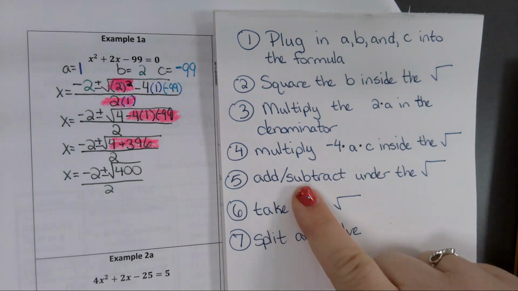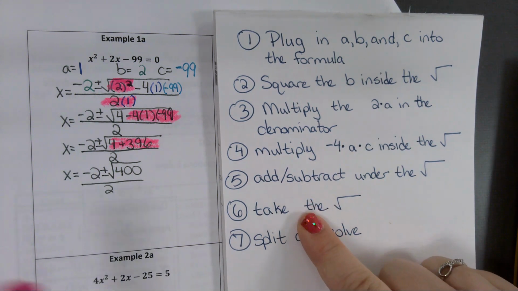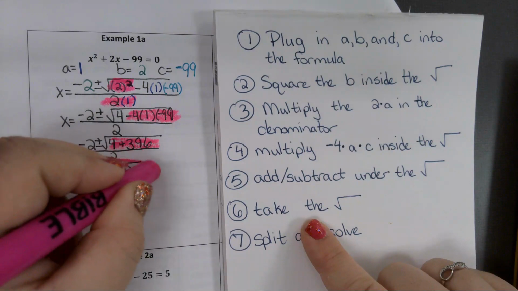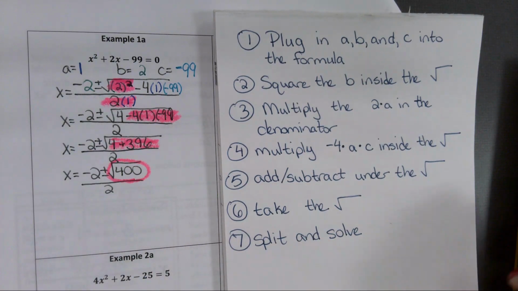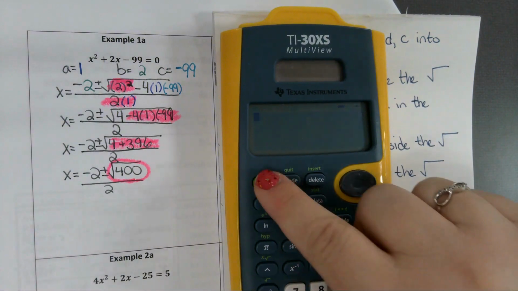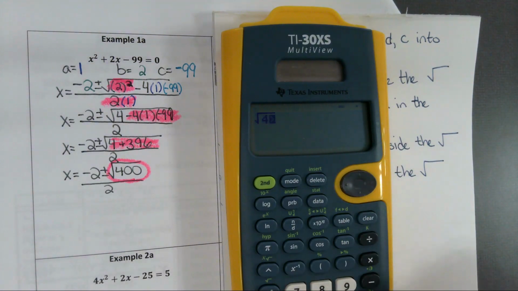Once we've added or subtracted, we can take our square root. So that whole part, we'll do the square root. And if you don't know the square root off the top of your head, you can check it on your calculator. All of the ones so far in our standard are going to have perfect squares underneath the radical.